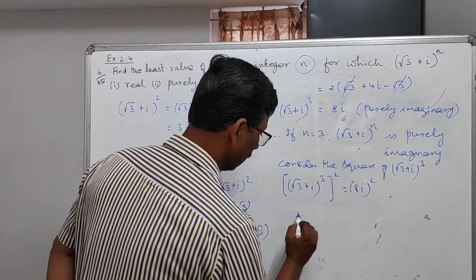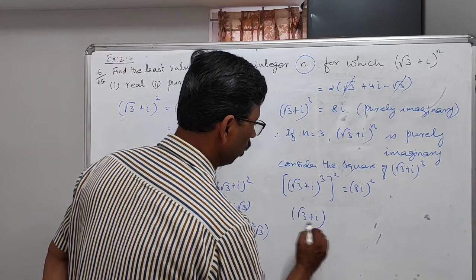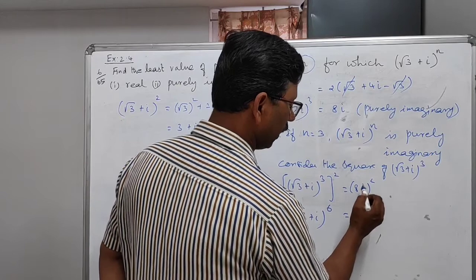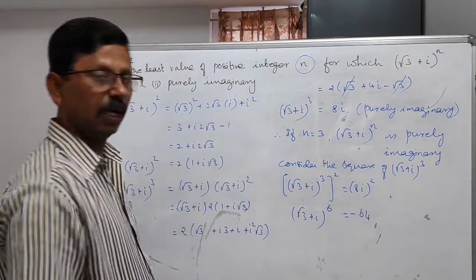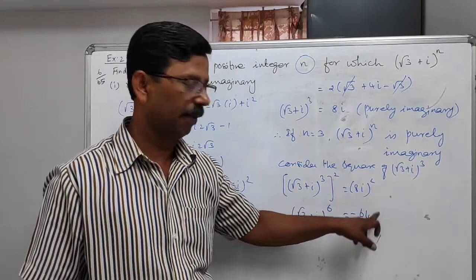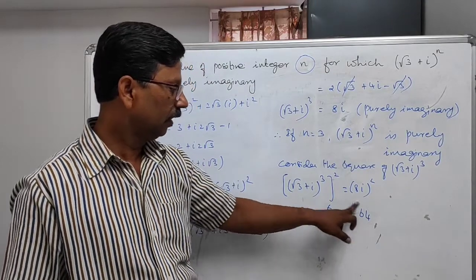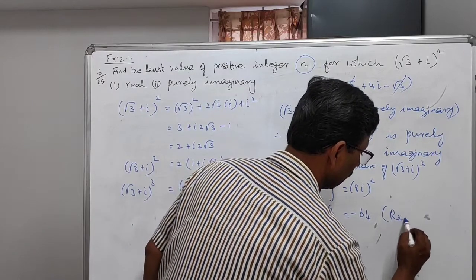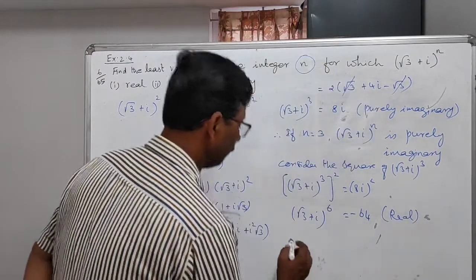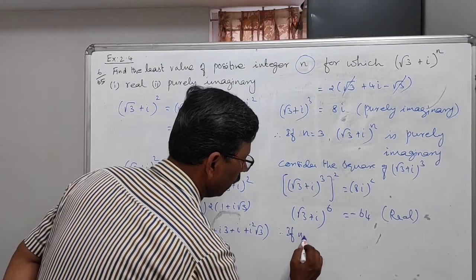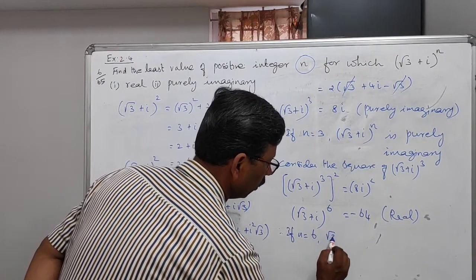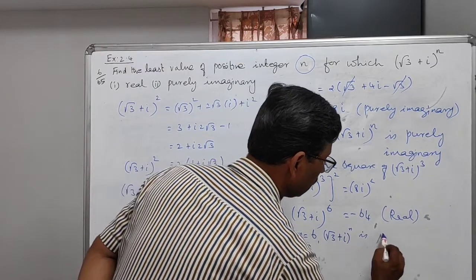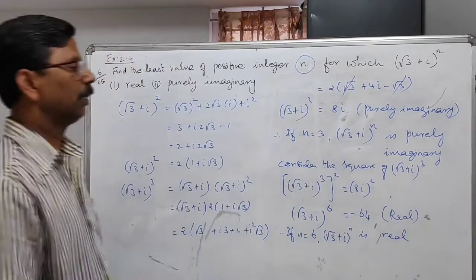Now you can write (root 3 plus i) whole power 6 is equal to 64 i square. What is i square? Minus 1, so you get minus 64. Here there is no imaginary unit. Hence we can say this is purely real. Therefore, if n is equal to 6, (root 3 plus i) whole power n is real. That's all. Likewise, we can find out.